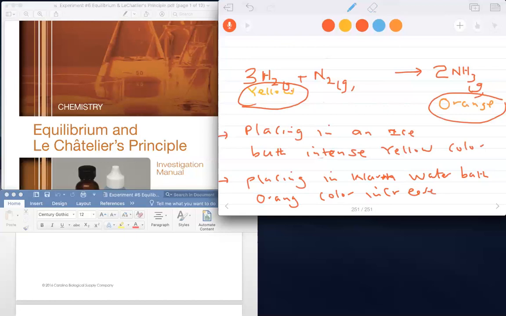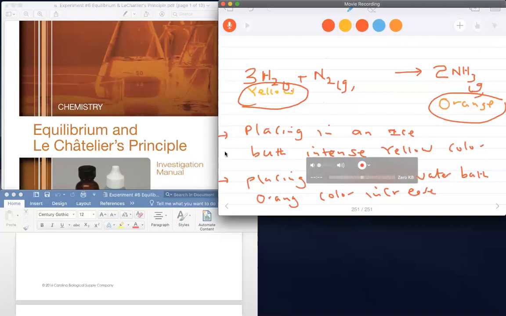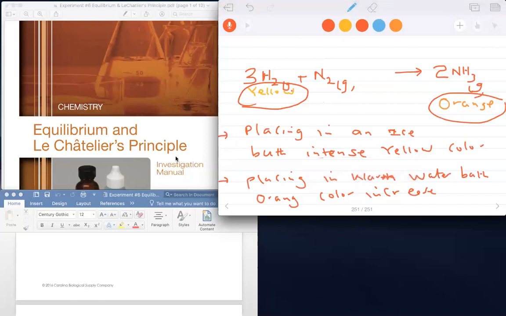And you are asked, upon performing this experiment, just two steps in performing the experiment, what will be our conclusion? Is the reaction exothermic or endothermic? Which part of the equation are you going to add the heat? Is it product or reagent?